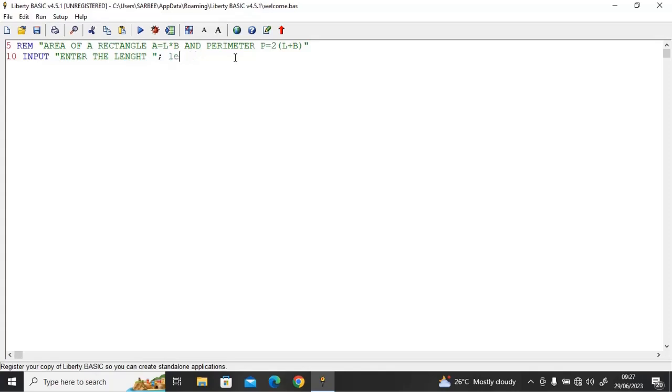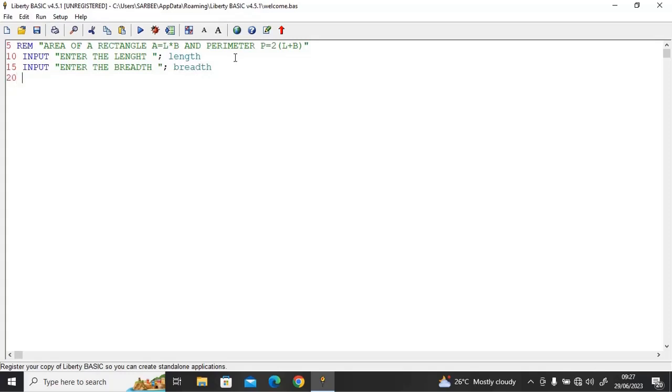Then what next? Input, enter the breadth, so shift semicolon, then the breadth here will be breadth.